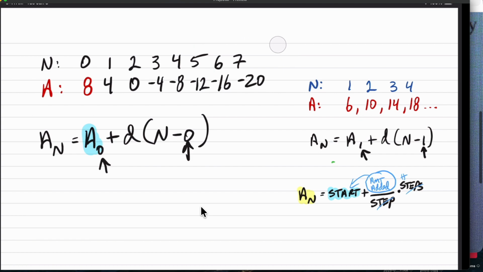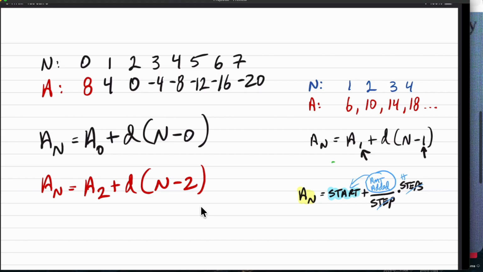Okay, let's play around with this and see if it works. Again, we have all the answers up top. Let's find the a sub n value if we're starting at a sub 2, and let's see if we're right. This formula is saying we're going to start with the amount at a sub 2, the amount at position 2.